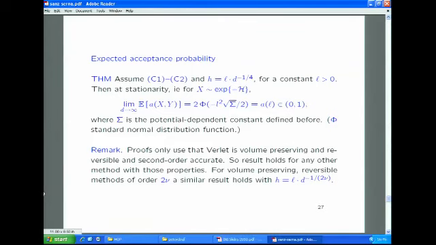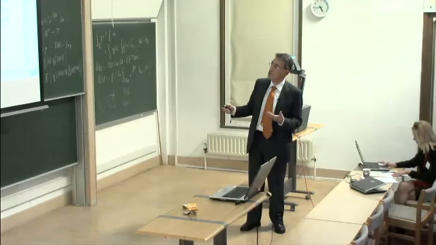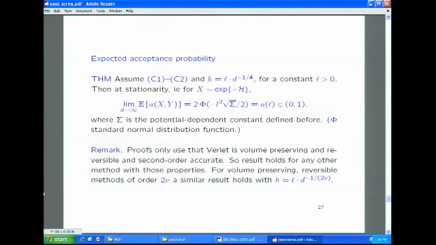So at the end of the day, this is the theorem that we can prove if those conditions C1 and C2 hold, and you scale the step length in the Fairley algorithm proportional to the inverse of the fourth root of the dimensionality, and this L is a fixed constant that you are free to choose, then the acceptance probability that you find will approach a finite limit. And this finite limit you can express in closed form in terms of the cumulative distribution function of the normal variable.